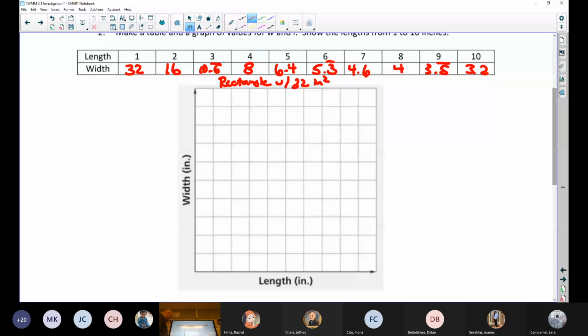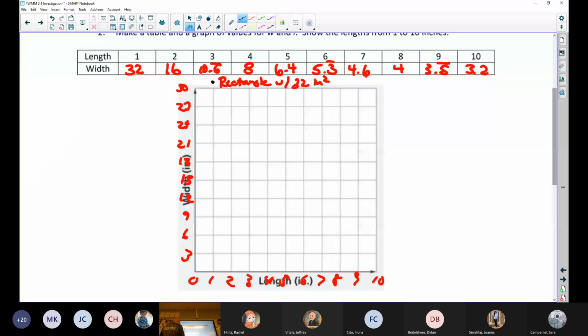Okay, so we have our 10 values, length and width. Writing the length on the bottom because that's where it's labeled. And then if I go by 3s again, I should have enough to get it there. 32 is just off the screen, so we should be all right with that. Okay, so at 1, 32 is right close to there. Close enough.